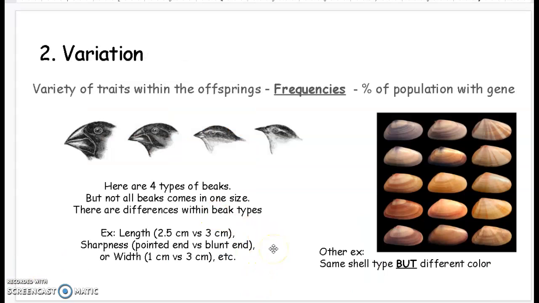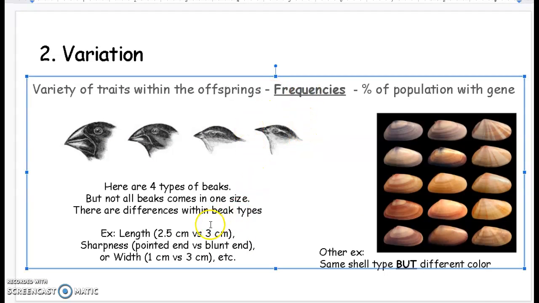Step 2, variation. So we're talking about frequencies. There are a variety of traits within the offsprings. So an example with the finches will be, here are 4 types of beaks. These are 4 different types. Each type can have a variety.